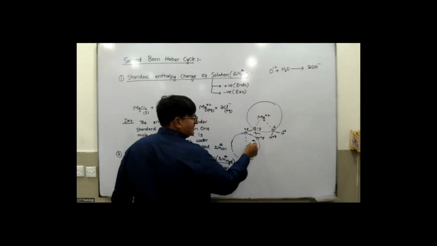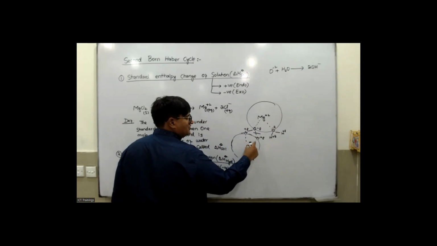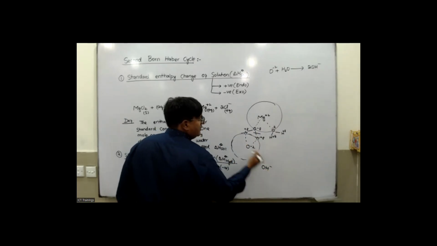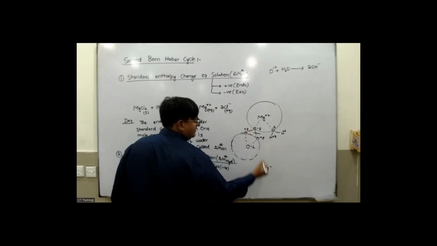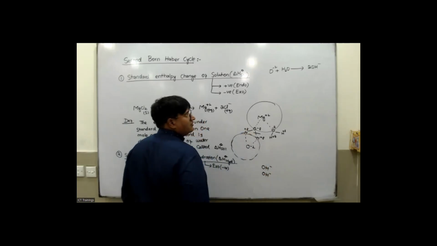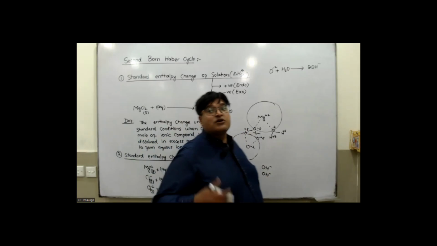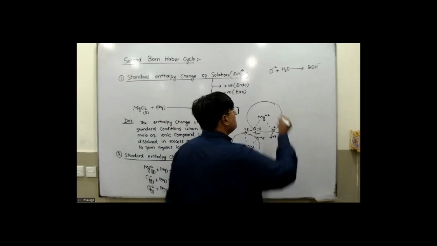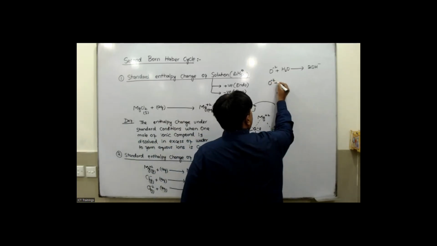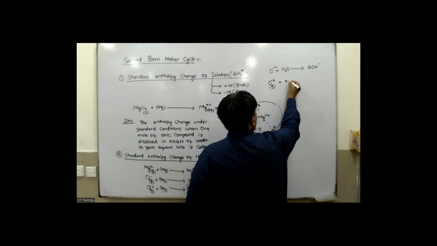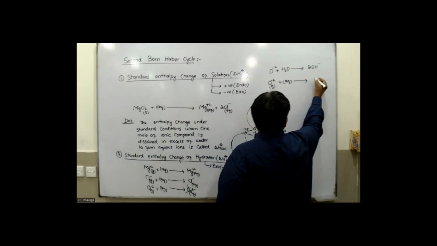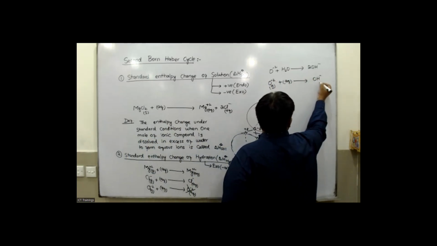Basically, this O minus 2 and H would form OH negative, and this O and H would become OH negative. So when you put the gaseous O minus 2 into the water, you will get the OH negative ions.